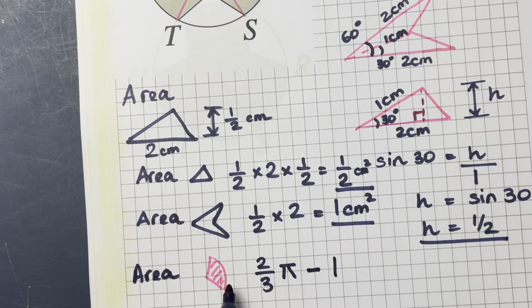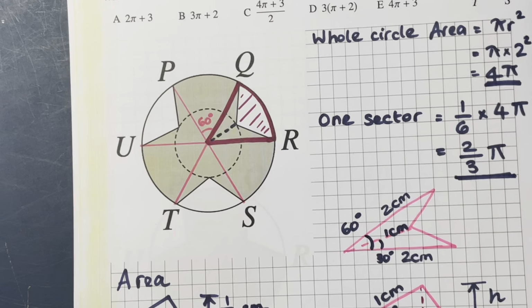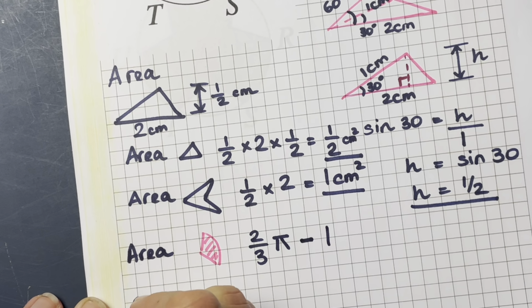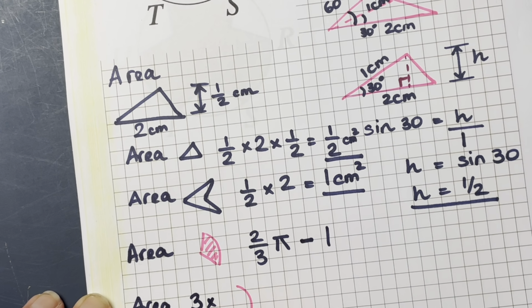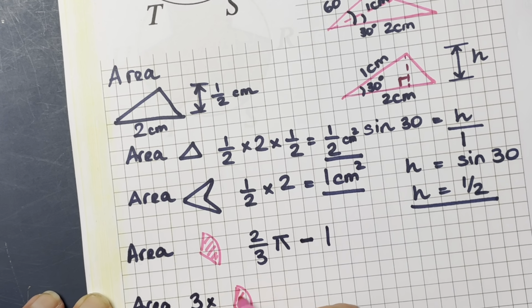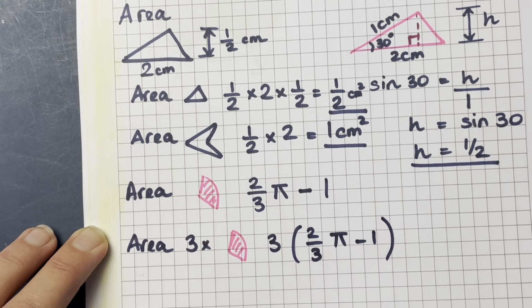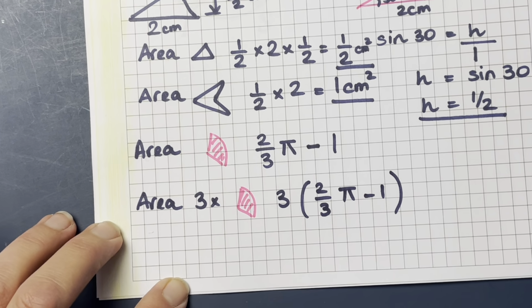Now remember, I've got 3 of these, yeah? 1, 2, 3. So the area of 3 of those is 3 lots of 2/3 pi subtract 1. Okay, can you still see that just about?